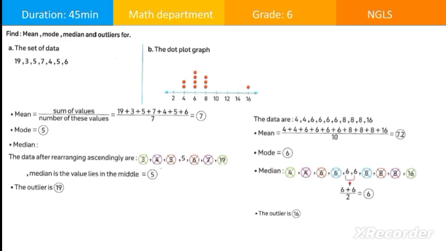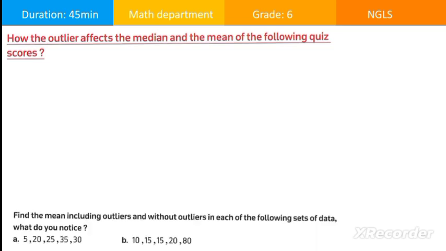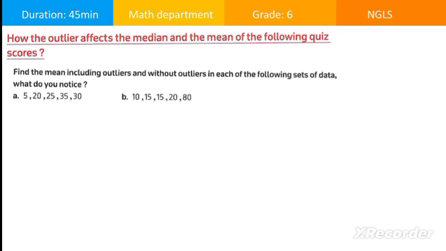How does the outlier affect the median and the mean in the following questions? Find the mean including outliers and without outliers in each of the following sets of data. First one: 5, 20, 25, 35 and 30.